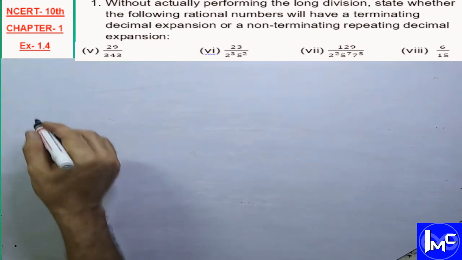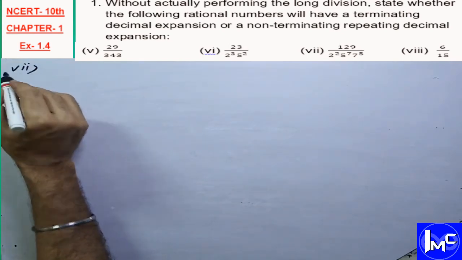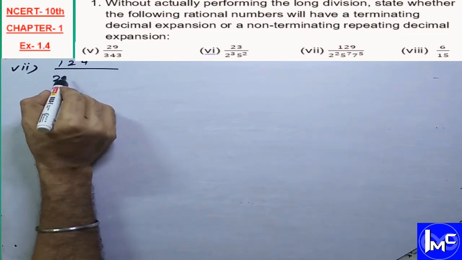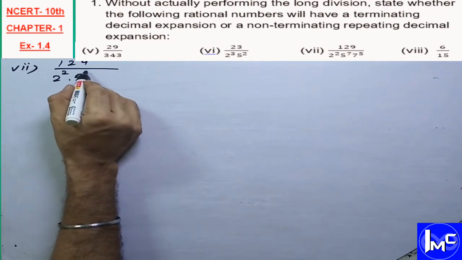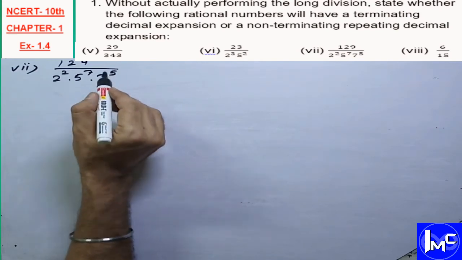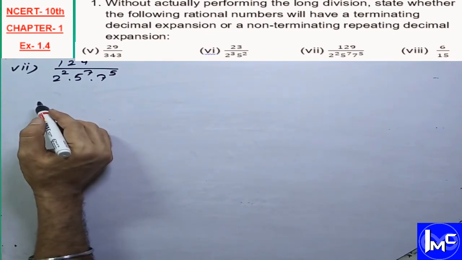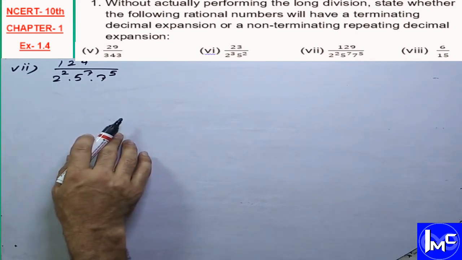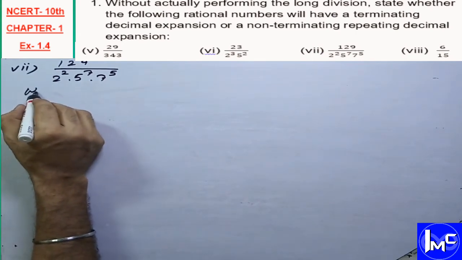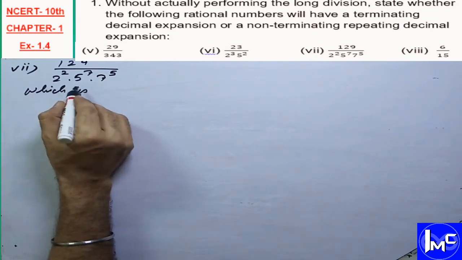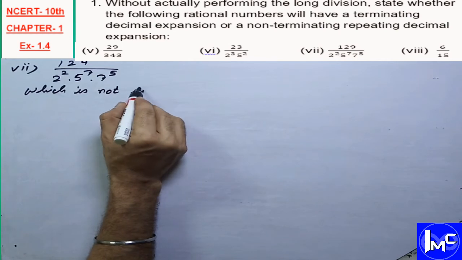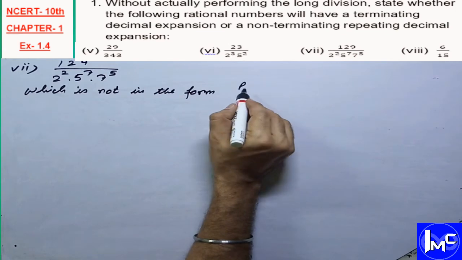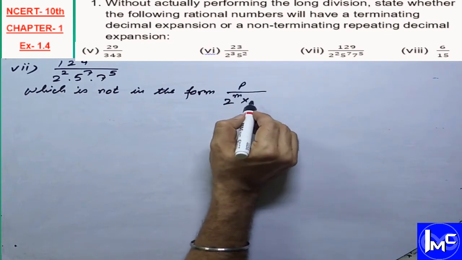Next question 7 is 129 over 2 raised to power 2, 5 raised to power 7, 7 raised to power 5. Now, denominator is already in the form of factors, which is not in the form p over 2 raised to power m into 5 raised to power n.